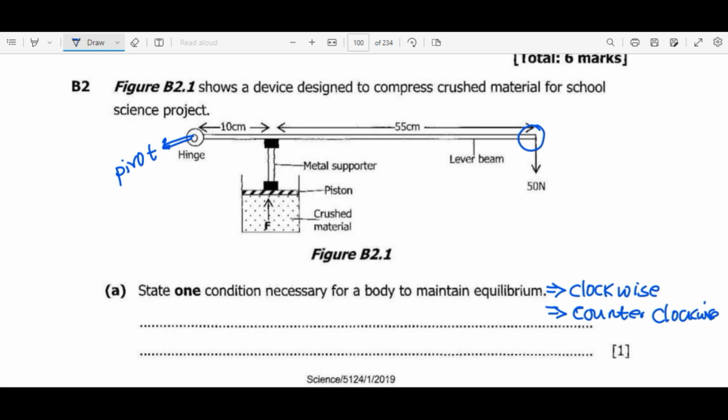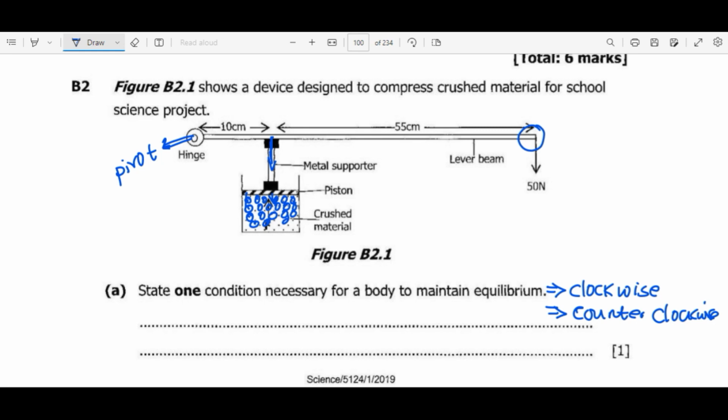So as the lever is being pulled down, it is forcing this metal support to apply a force on the piston. Now since here we have the material that we are trying to crush, there will be a force from the piston, coming from the metal support, that will push the materials closer to each other.